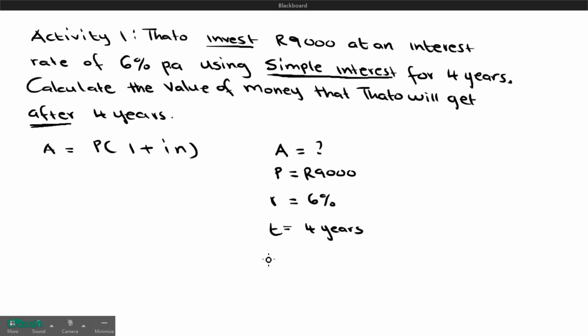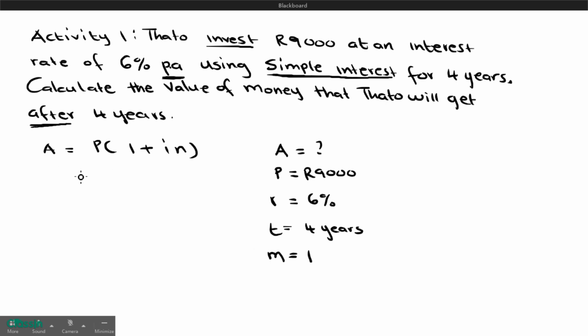Now, in this case, what is our m? It says per annum. PA is per annum. It means that it is 1 year. It means that this investment is going to accumulate the interest once in a year.